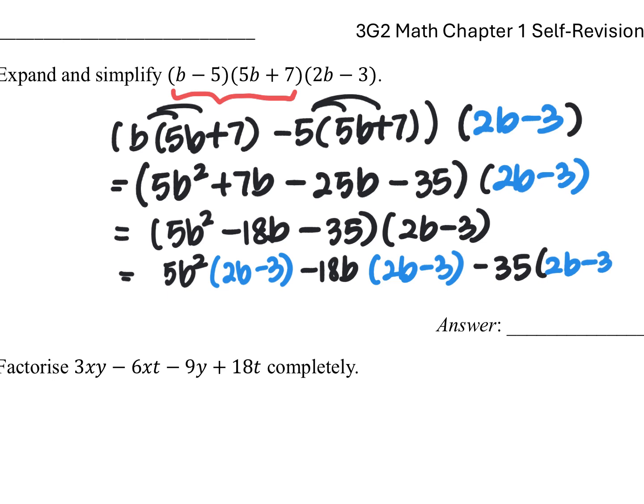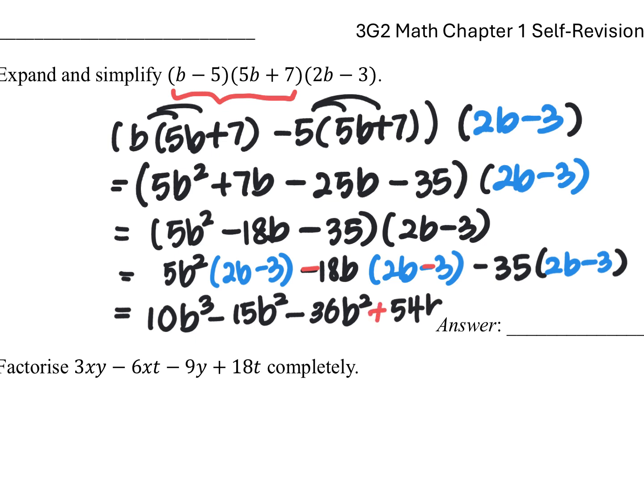Okay, so with that, we can do our expansion. I will have 5b squared times 2b, which is 10b cubed, b squared times b to give me b cubed. Then 5b squared times negative 3 is negative 15b squared. Negative 18b times 2b is negative 36b squared. Negative times negative, negative 18 times negative 3, gives me positive 54b.